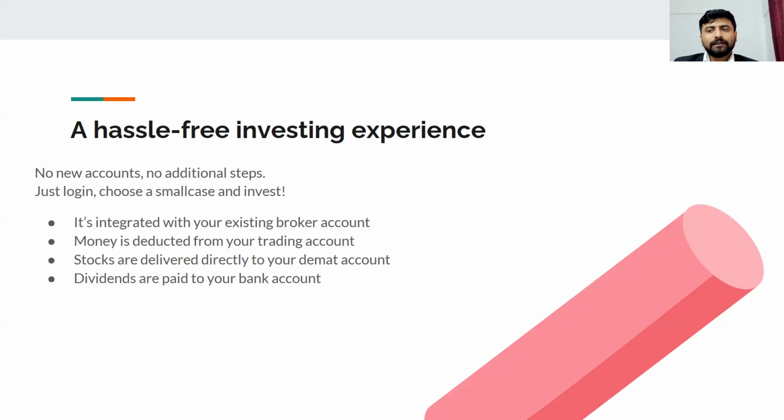Now, the other advantage of starting your investment journey on the Smallcase platform is that you do not need any new accounts. You just use your existing Angel Broking trading and demat account, log in and invest. It is as simple as that. The backend integration will already be present, so you do not have to manually enter and exit each stock.